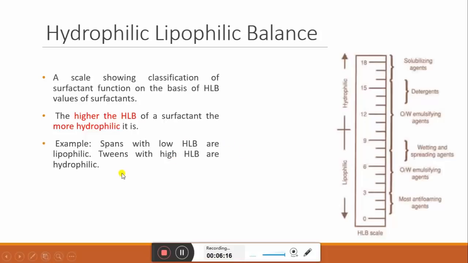If we consider the example of Span, which has a low HLB value, it is considered lipophilic and generally a water in oil type of emulsifying agent. And Tween, which has a higher HLB value, is considered hydrophilic in nature. As we can see, detergents also have higher HLB values.